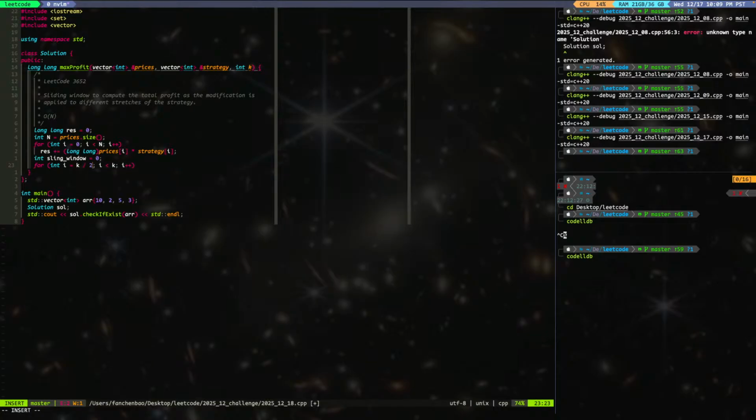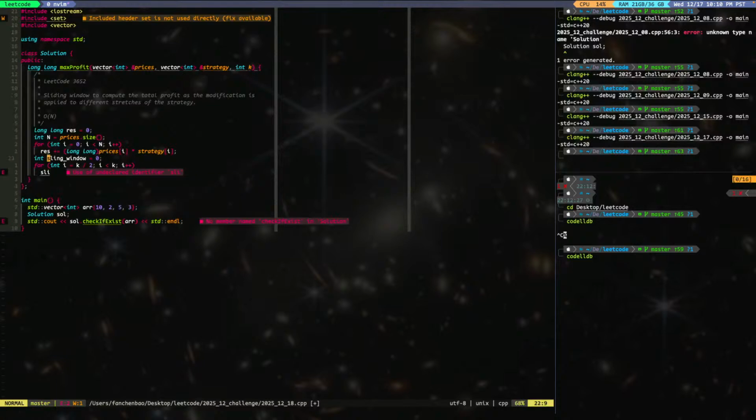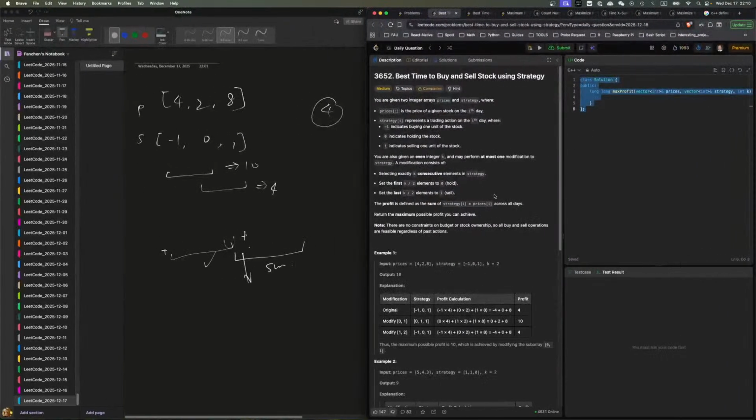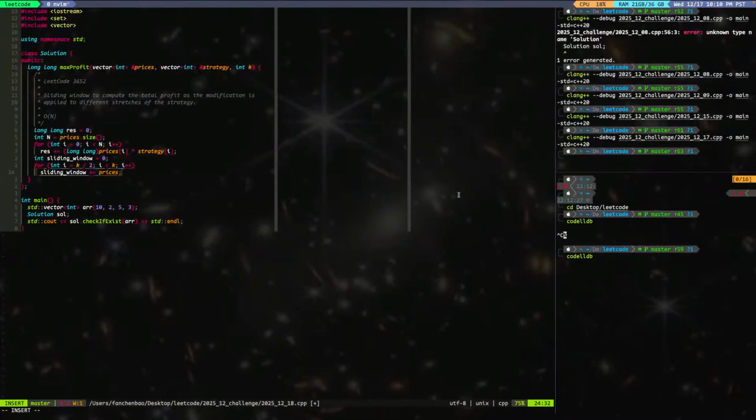K is an even number, right? So if k is equal to 4, 0, 1, 2, right? Starting from here, then we say sliding window plus equal to prices, because we set the strategy to 1, right?